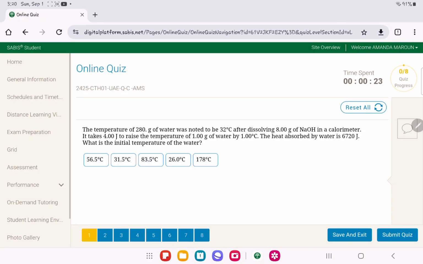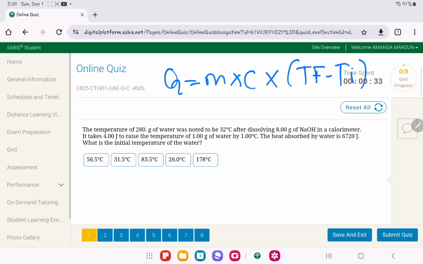The equations that we're gonna need for this exam are Q equals M times C times temperature final minus temperature initial, or delta T. Next one, delta H is equal to Q over N. This is if it is endothermic.